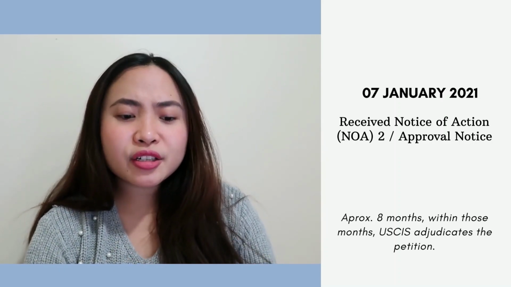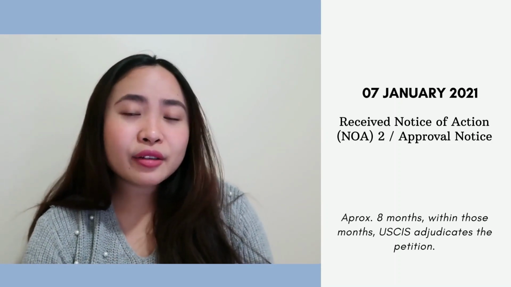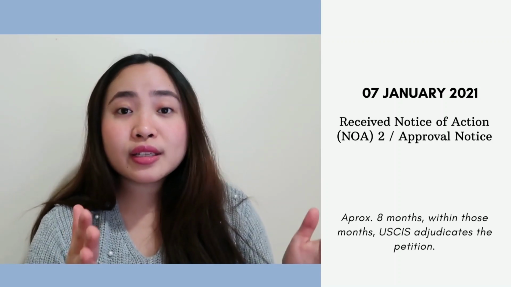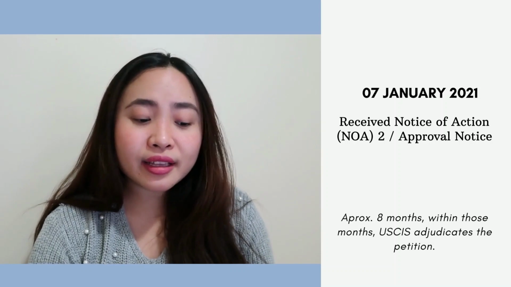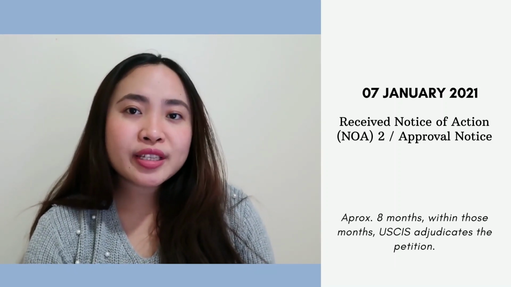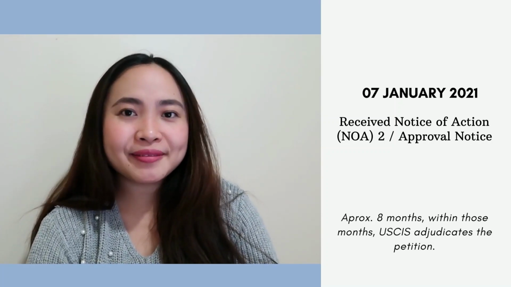It actually started from a wait of 6 months, and then the pandemic happened, and it extended until 8 months. So still it was within the case processing time, and that's why from May we received it approximately 8 months later, on January 7, 2021.